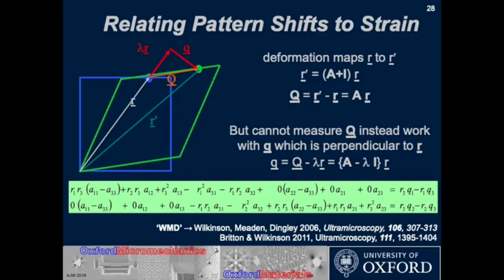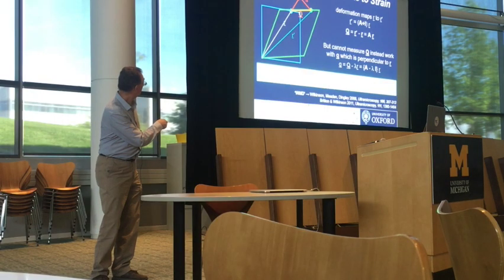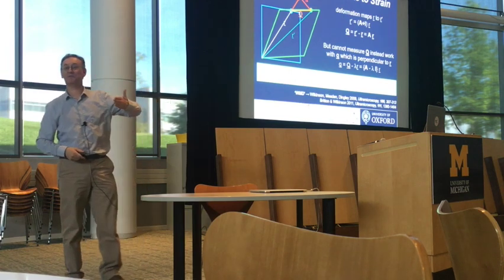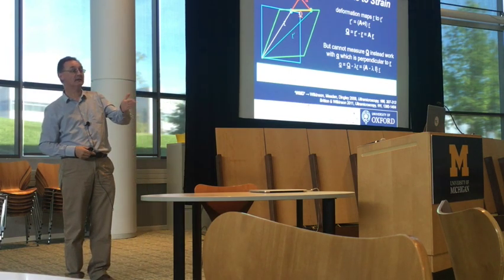Don't worry about the detail, go read the paper, but essentially if you measure the shift, so here's our undeformed crystal, blue one, here's our deformed crystal, green one, and if you take some zone axis, some feature, some direction in our undeformed crystal, it will move across and give you a shift here. The trouble is you can't measure this capital Q because part of that is into the detector screen, and you can't measure that.